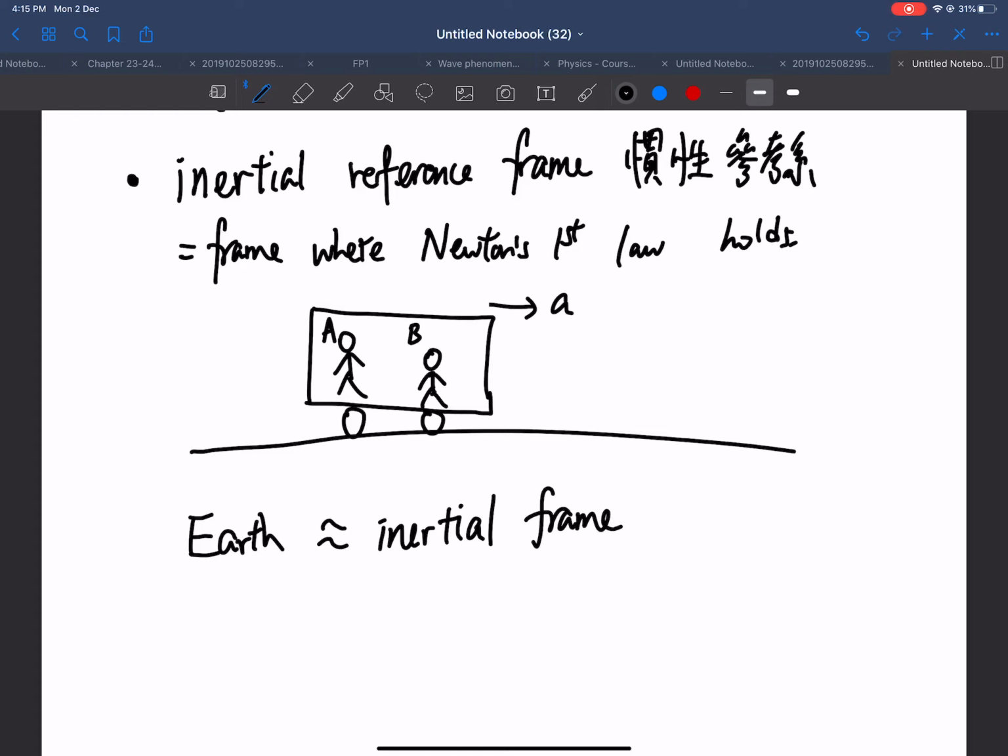Although you know that Earth is rotating around the Sun, which is rotating about some point in the Milky Way galaxy, and the galaxy is also rotating around some point, everything is moving with some acceleration. But luckily, the Earth is roughly a good inertial frame. The first law holds on Earth.